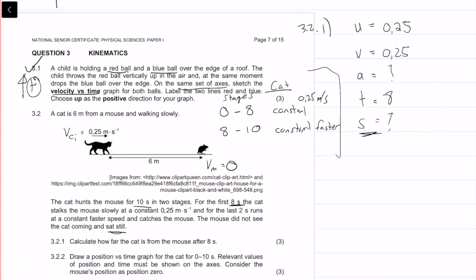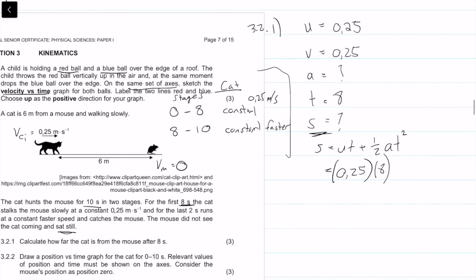We know that u is 0.25, t is equal to 8, and because it's constant velocity, acceleration is equal to 0, so that term goes to 0. And so what we're left with is that S equals 2 meters.